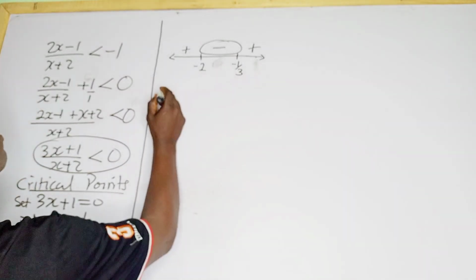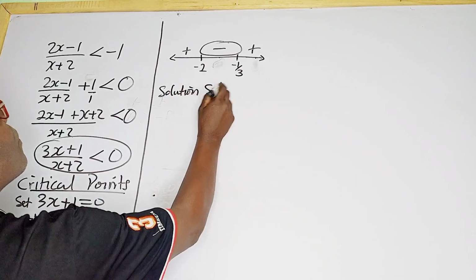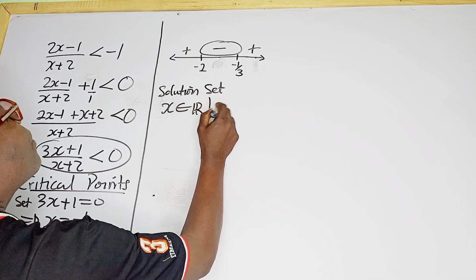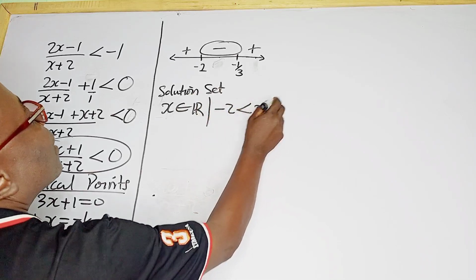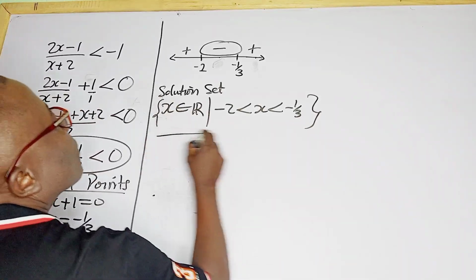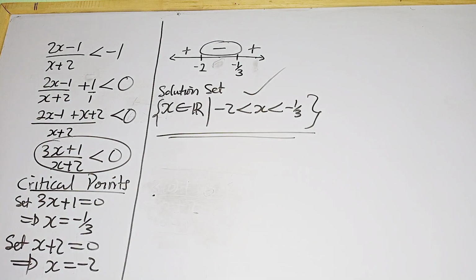And so our solution set will be all real values such that negative 2 is strictly less than x, strictly less than negative 1/3. This gives us our solution set for the first inequality.